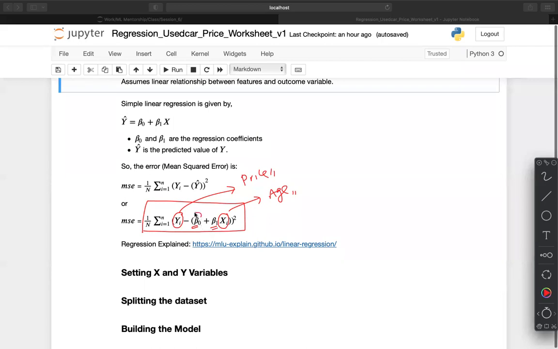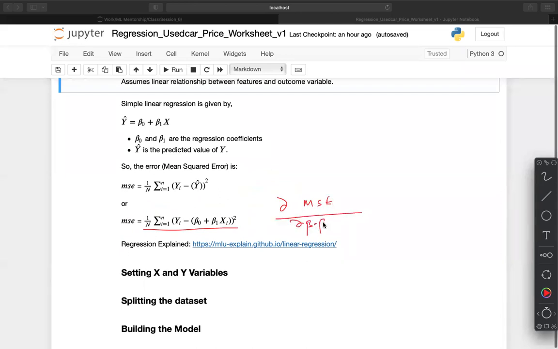And we will find the optimal value for beta 0 and beta 1. Because these values are given, we cannot do anything about them. If we keep changing beta 0 and beta 1, you will get different MSE values. So there is an optimal value for beta 0, beta 1 for which the MSE is minimum. So what we do is we take a derivative of this whole function here, MSE, with respect to beta 0 and beta 1, which is equal to 0.